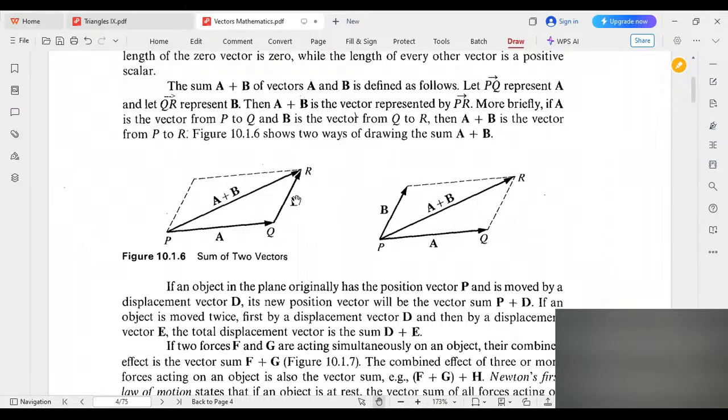More briefly, if A is the vector from P to Q and B is the vector from Q to R, then A plus B is the vector from P to R.